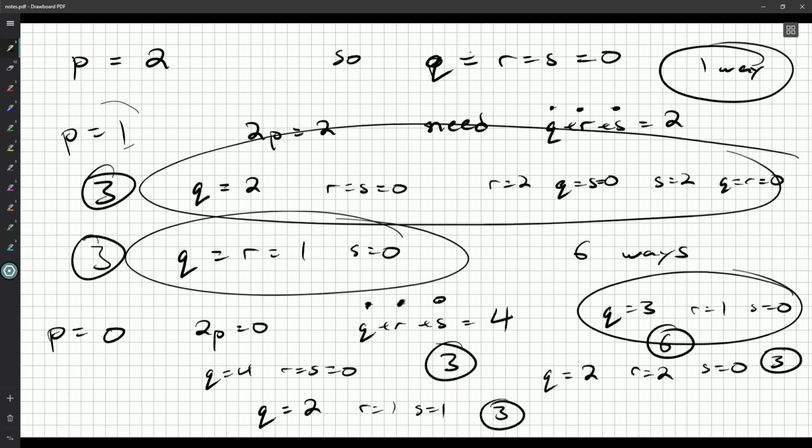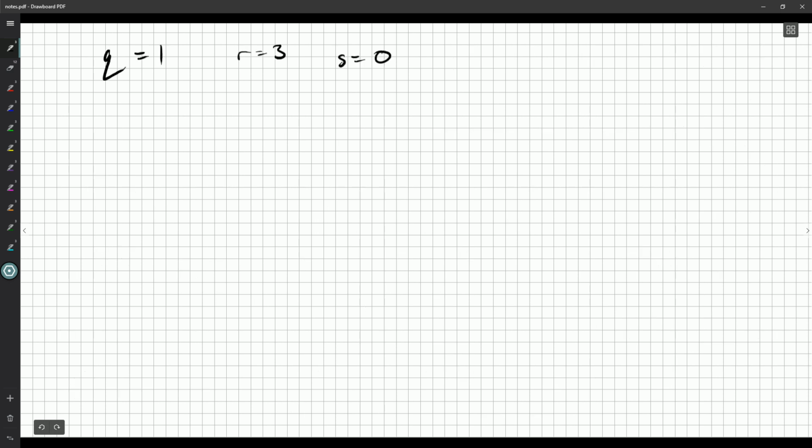So what you might do is say, just assume q is bigger than r is bigger than s in order to sort yourself out. But it turns out that these are really the only cases you're going to have, because as soon as q is 1, something's got to be at least 2, and then you're back to one of these other cases here. Okay? So that gives me 3, 6, 3, 3. That's 15 cases in total.